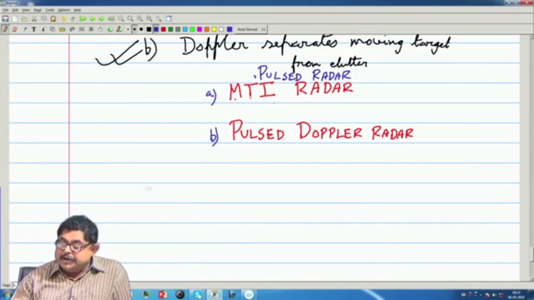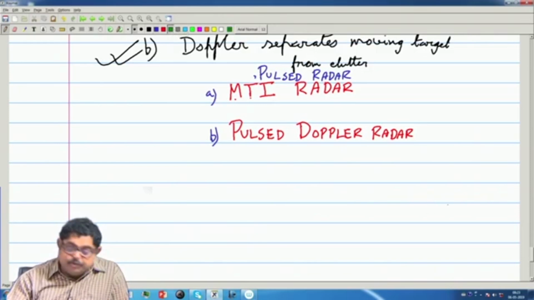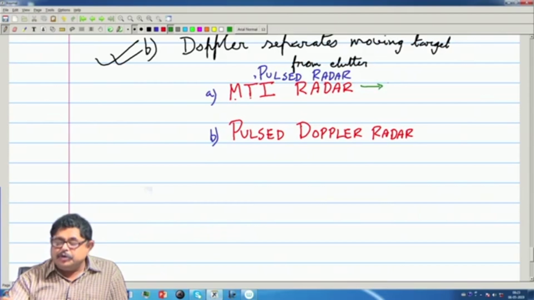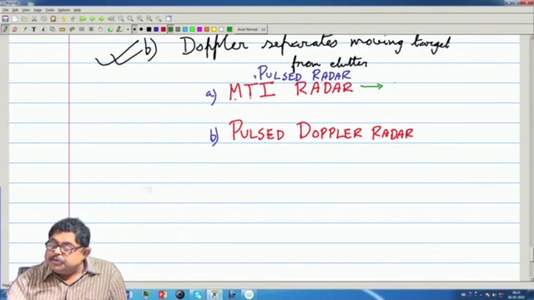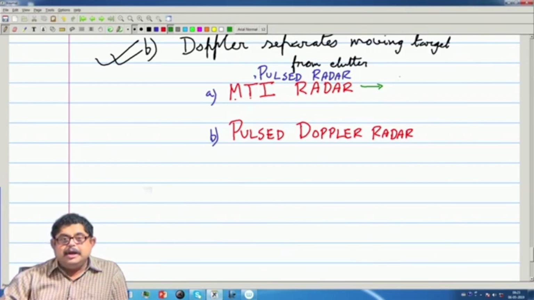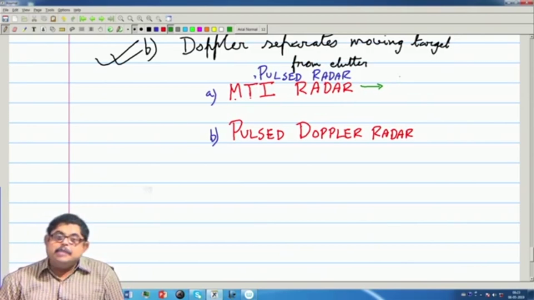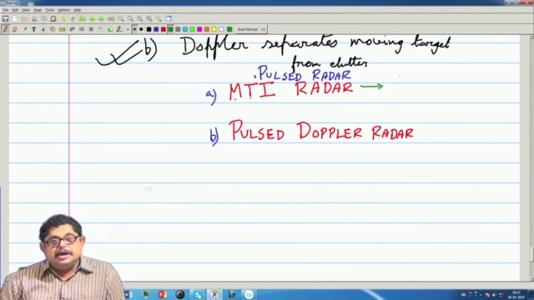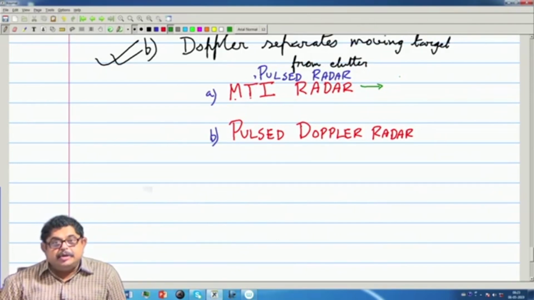There is a subtle difference between these two. MTI radar, when we see it, will become clear, but note that any pulse radar with this MTI facility will have both range measurement and velocity measurement capability.